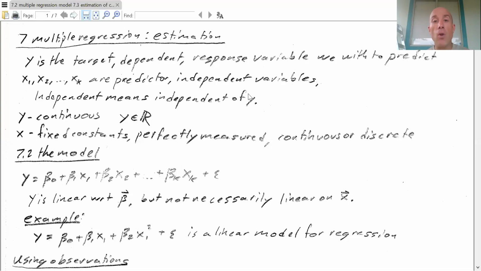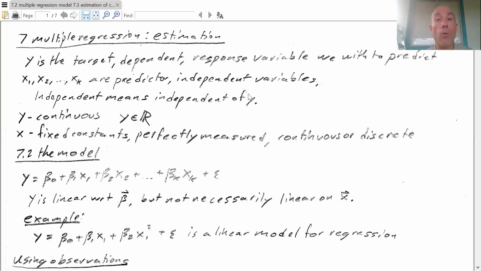Once I observe x, that's it. It's done. It's known. There is no variability in it. And we're also saying that those values are perfectly measured. There are other types of models that deal with randomness in your predictor variables, but we're not that far along yet.